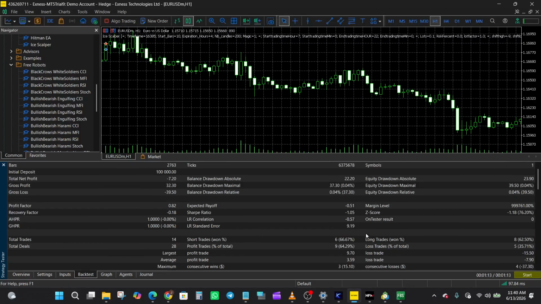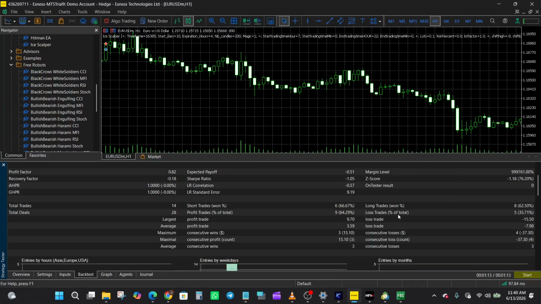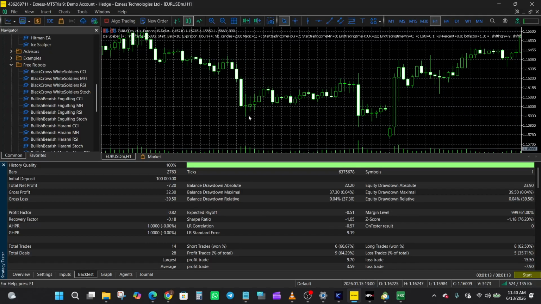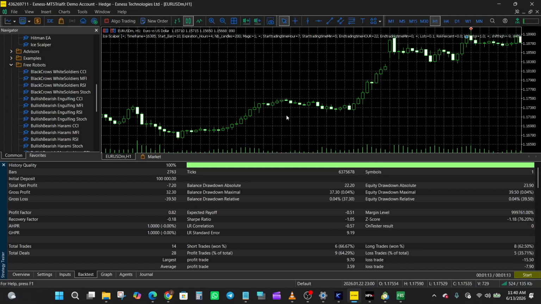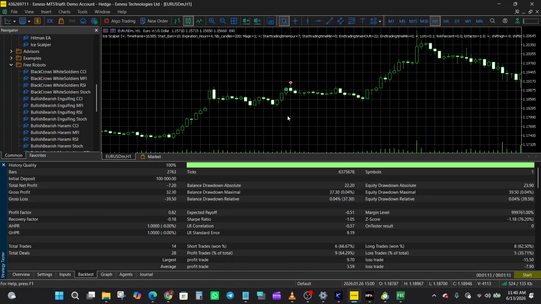All right. And then concerning the equity and balance drawdown, the balance drawdown relative is 0.04%, equity drawdown relative 0.04%. Okay. Now, when reviewing the historical chart activity, the behavior appears consistent with the breakout methodology described earlier.